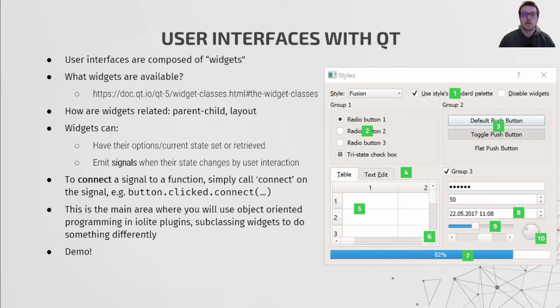To do that, we can connect to a signal of the widget. For example, in our code, we could write button.clicked.connect and then specify the function to call when our button is clicked. Again, the specific signal names and their arguments will vary by widget, so you'll need to check with the Qt documentation. To illustrate some of these concepts, let's now have a quick demo.